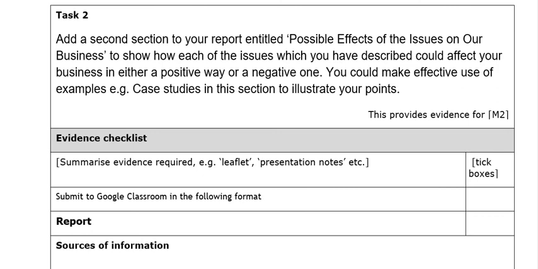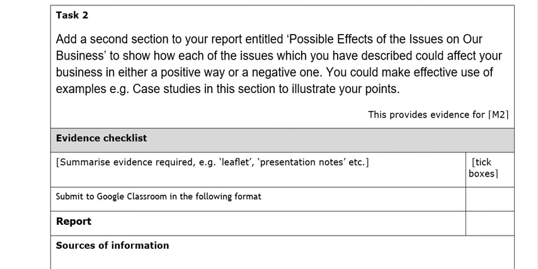So in research it's what we call a cross-sectional piece of research. It's talking about what's happening at that particular point in time in that particular area, whereas a longitudinal piece of research would be something which happens over time, possibly over many years. But a case study is a good piece of cross-sectional research.